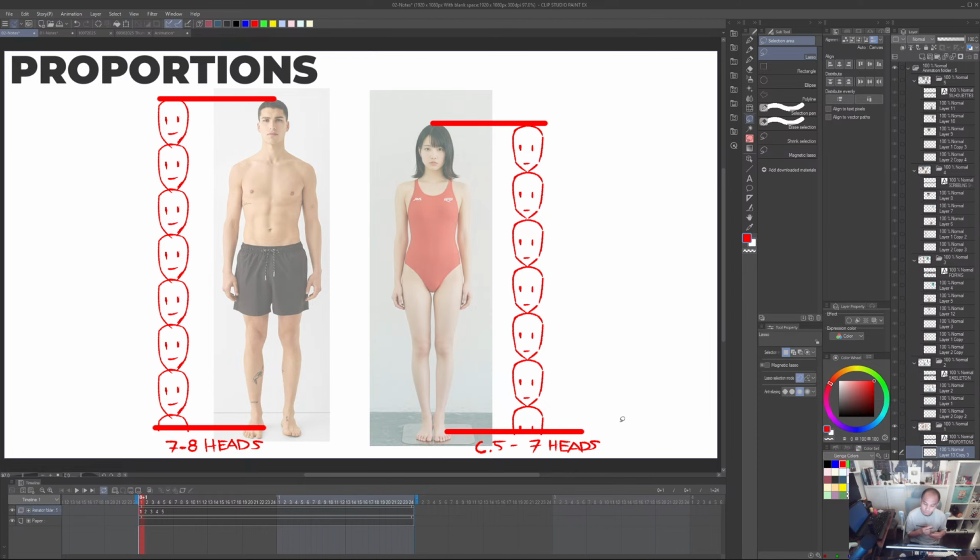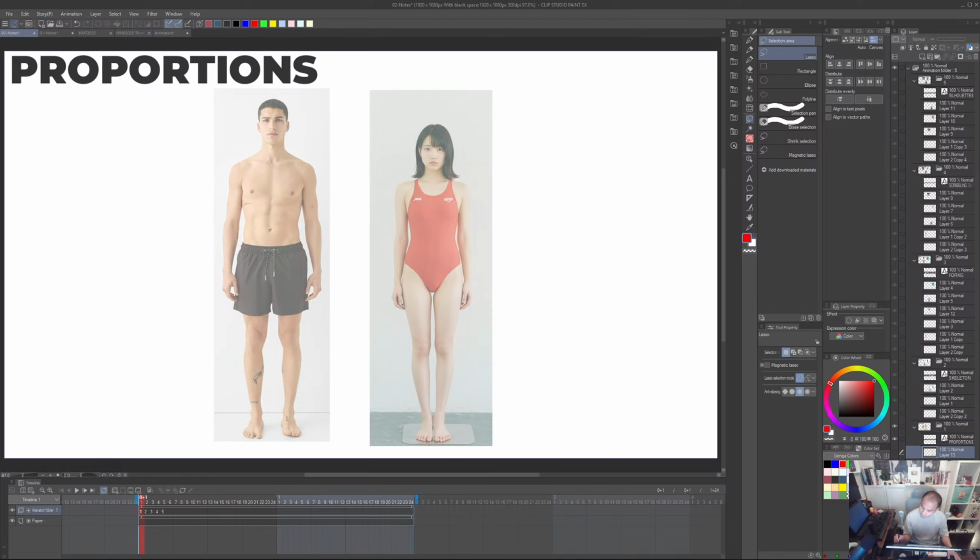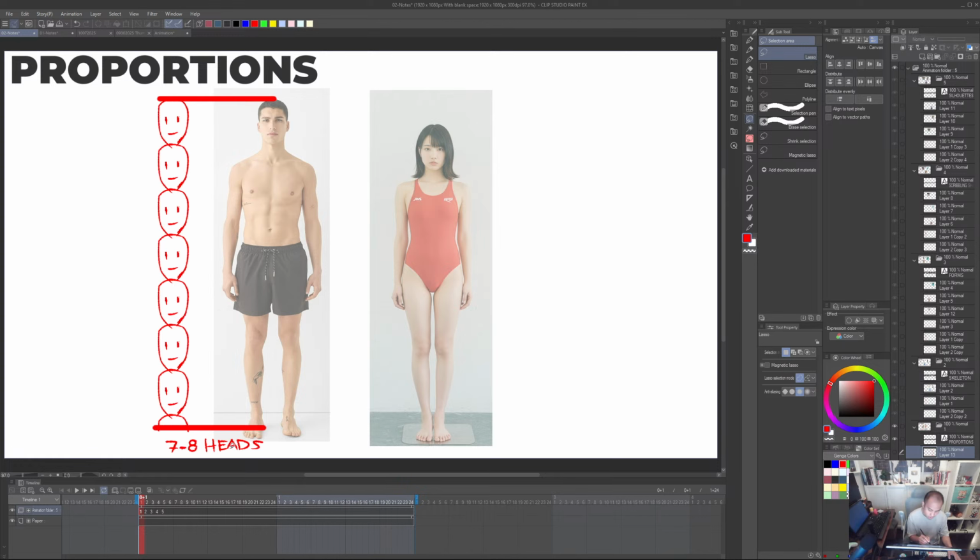So anyway, female characters would typically have 6.5 to 7 heads. Let's repeat that. Male characters would typically have 7 to 8 heads in total. You can see 1, 2, 3, 4, 5, 6, 7 and a bit.